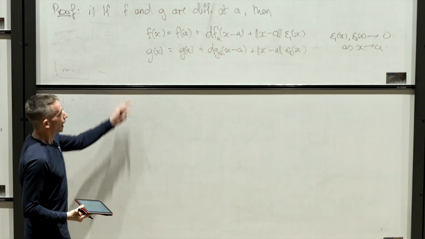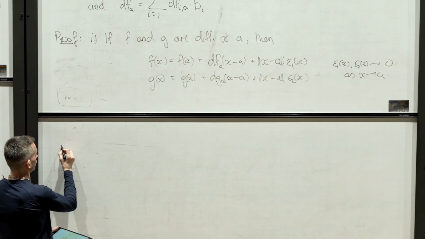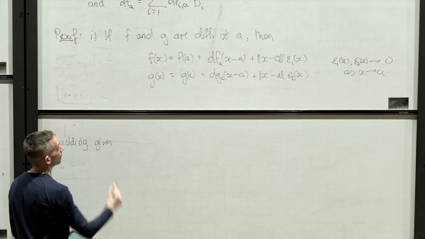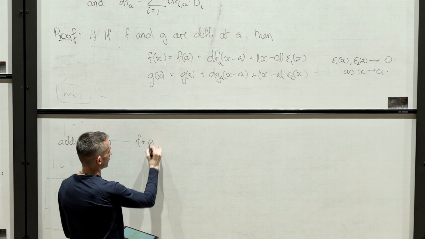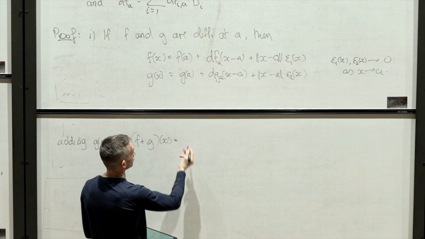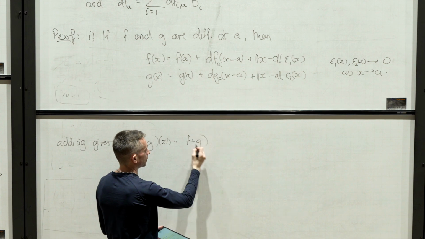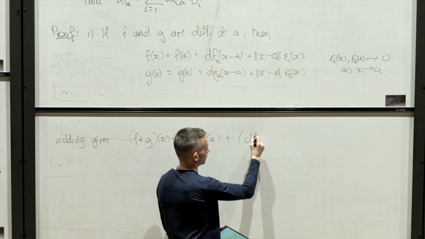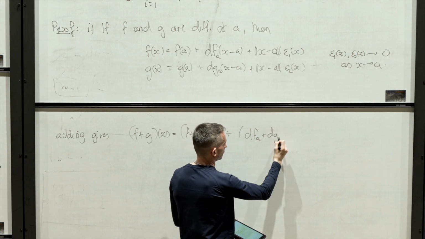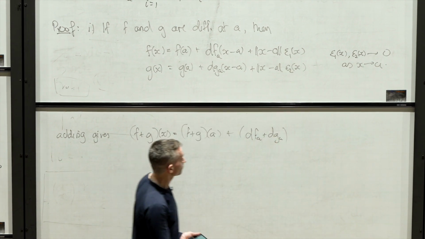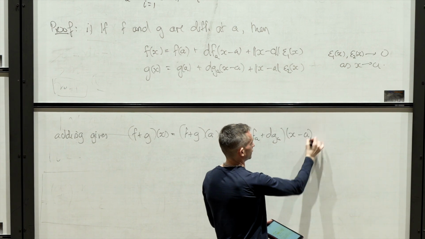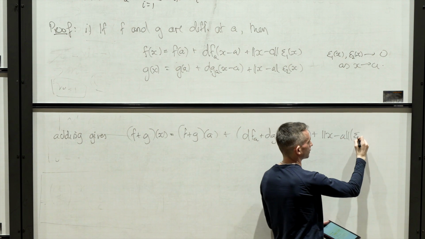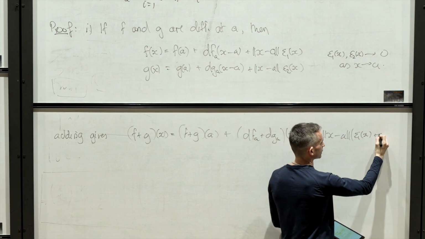Okay, so then just adding these two expressions gives you that f plus g at x is f plus g at a plus the sum of the derivatives applied to x minus a plus the norm of x minus a times epsilon 1 of x plus epsilon 2 of x.